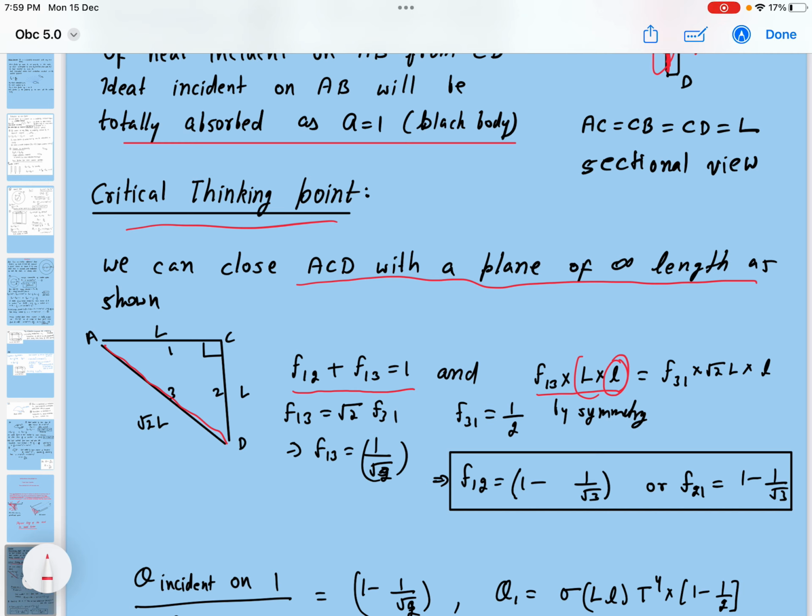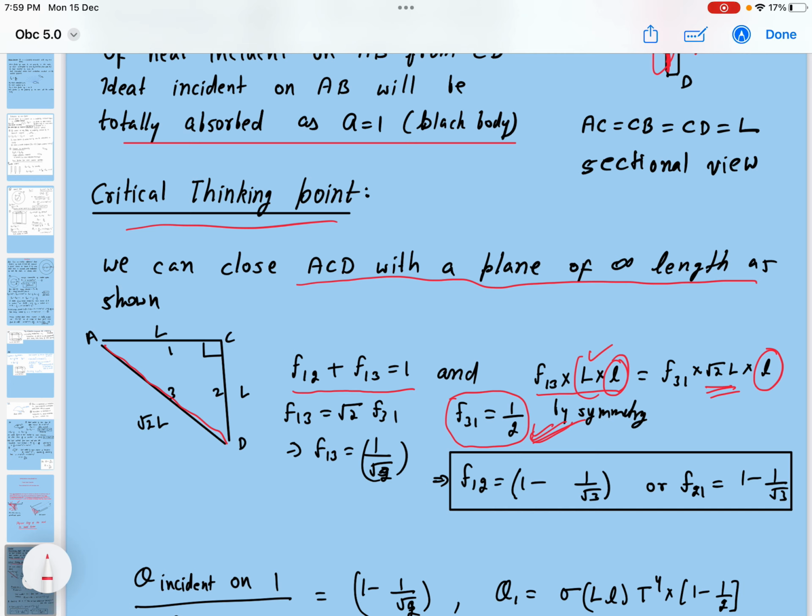Then the area of this plate AC will be capital L into small l, where I am assuming length AC to be capital L. Similarly F31 into the area of plate 3: the plane length is small l only, but that length, by geometry, is root 2 L. And the view factor of 3 on 1 is 1 by 2, because plate 3 is symmetrical, so both AC and CD lengths are equal. View factor of 3 on 1 plus view factor of 3 on 2 should be equal to 1, so view factor of 3 on 1 should be 1 by 2 by symmetry.